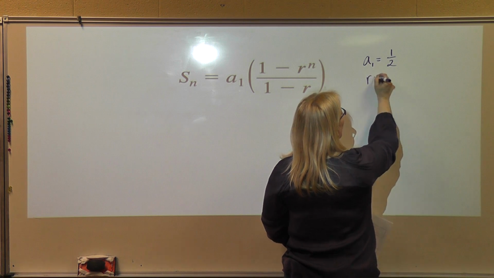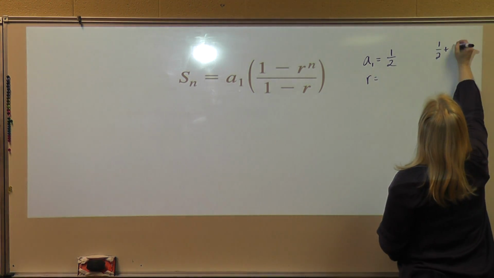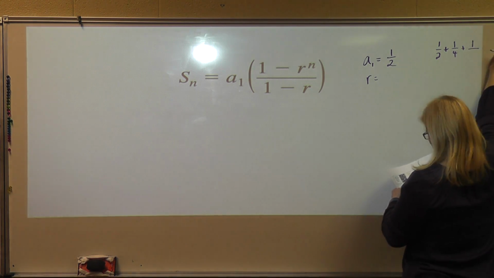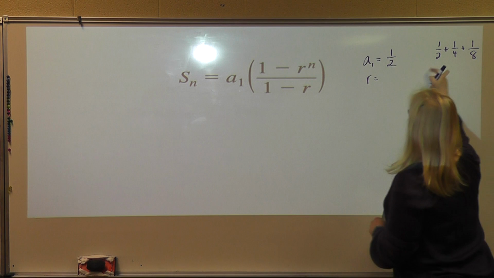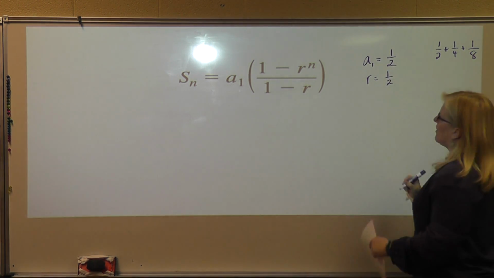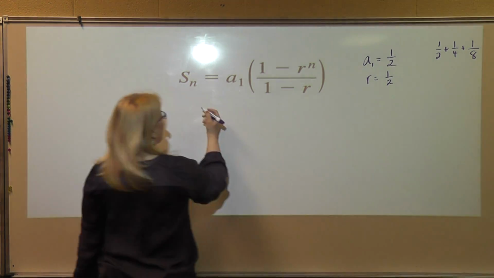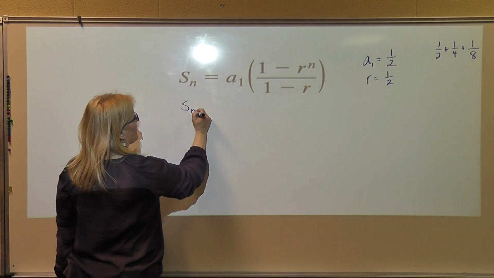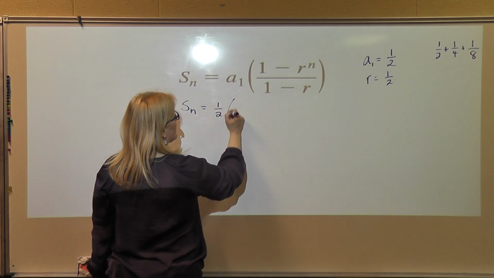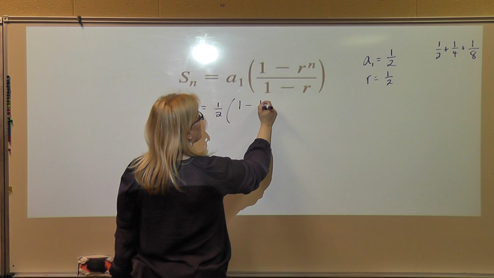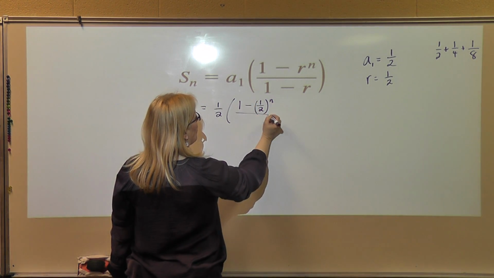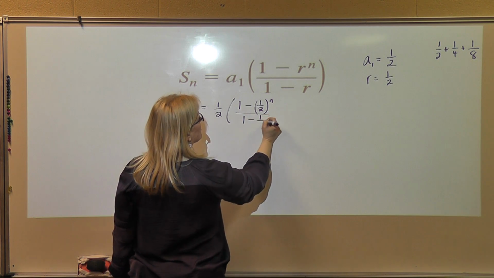And the rate, remember it was 1/2 plus 1/4 plus 1/8, so it's being multiplied by 1/2 every time. If we plug that into the formula, we have S sub n equals a sub 1, which is 1/2, times 1 minus 1/2 to the n power, over 1 minus 1/2.